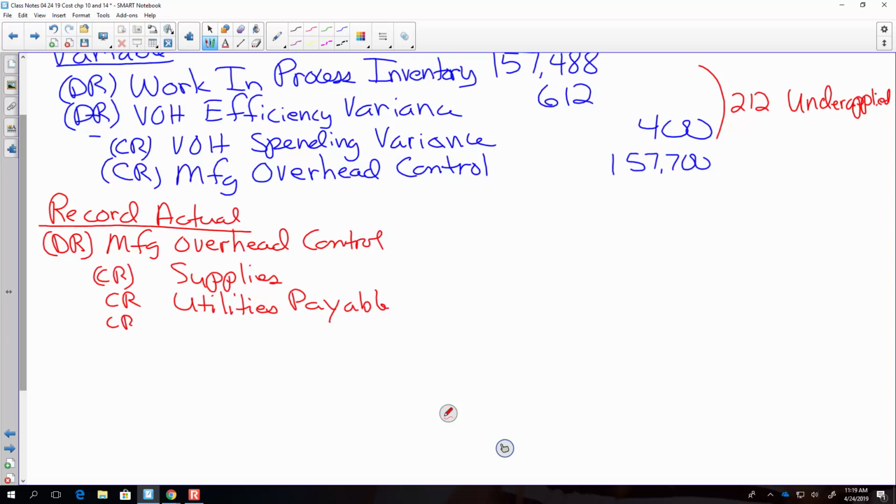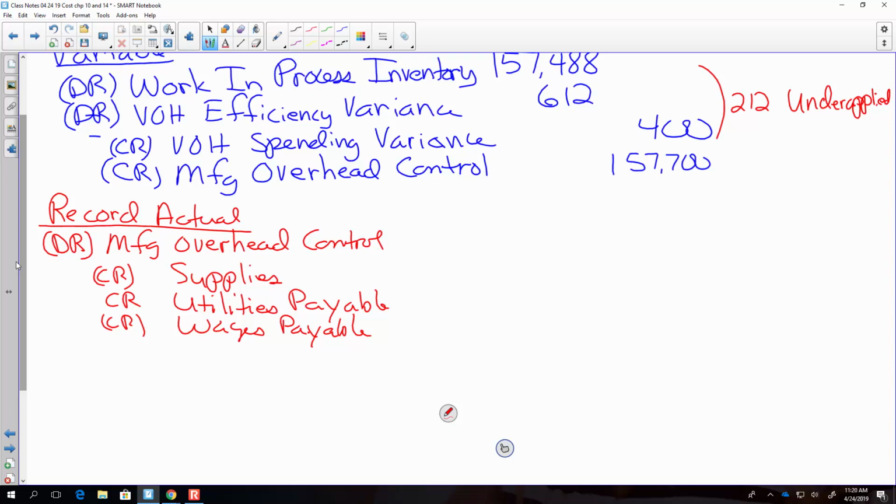Maybe we had some wages payable. Whatever's in the variable section of our operation, we'll credit all of those accounts against the manufacturing control. This is exactly what we did in chapter 4 with these journal entries.